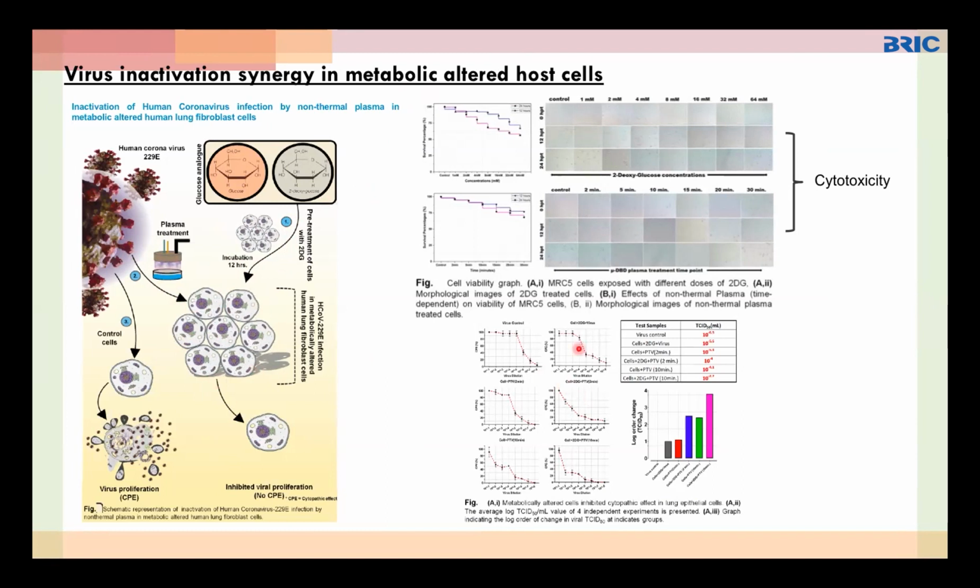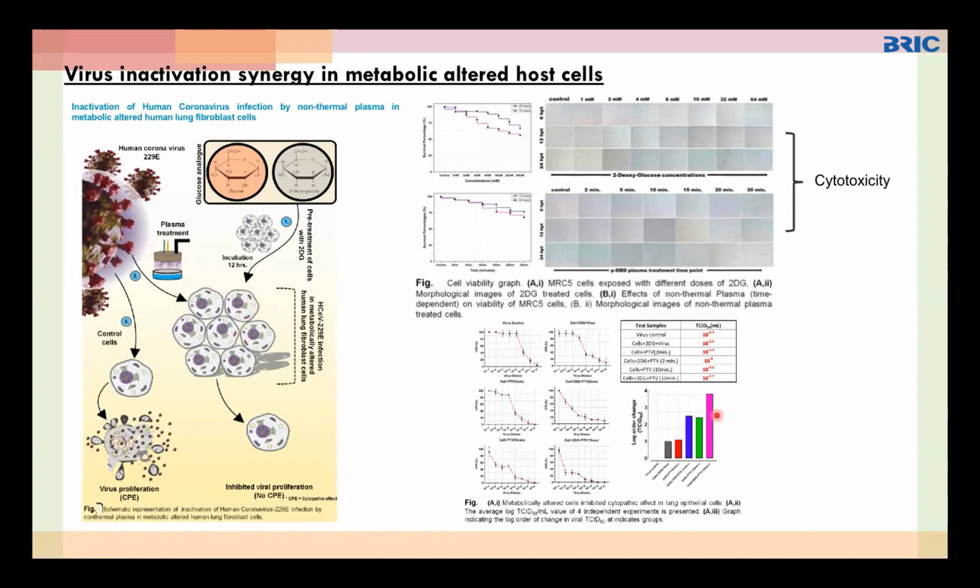I will not tell you the whole data for this graph because it's complex data. You can see this color graph. We got up to a 4 log order difference as compared to control. So we reduced the virus by 4 log order by this combination treatment strategy. Almost all the virus is gone after this treatment.